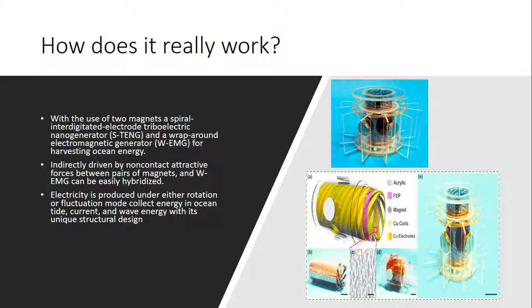This nanogenerator is indirectly driven by the non-contact attractive forces between pairs of magnets, and the wrap-around magnet can be easily hybridized. It produces electricity in either rotation or fluctuation mode to collect energy in ocean tides, currents, and waves with its unique structural design.